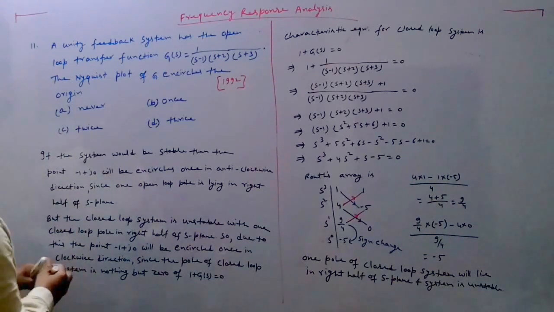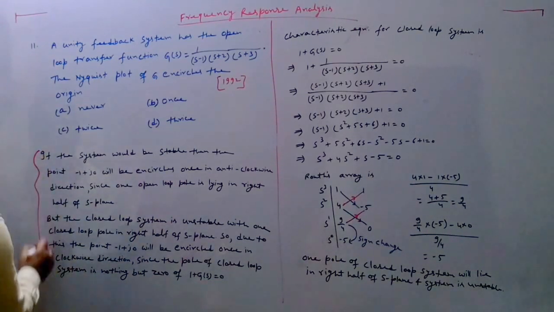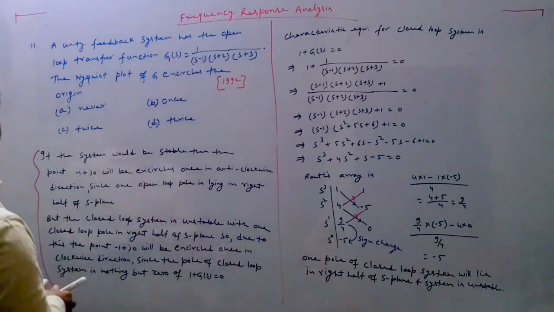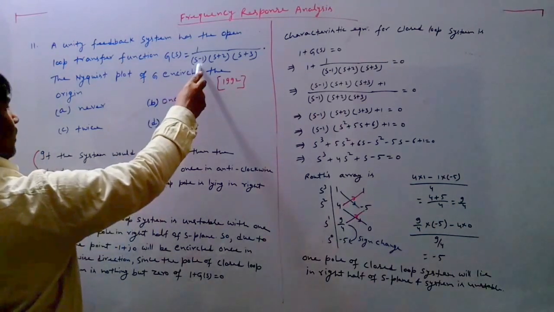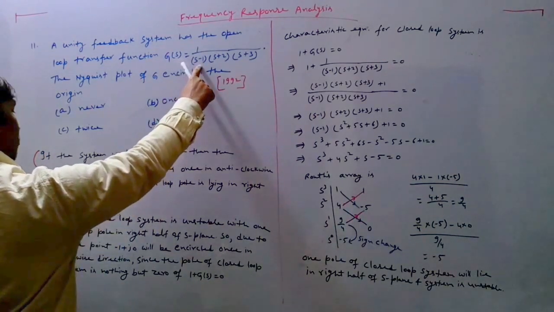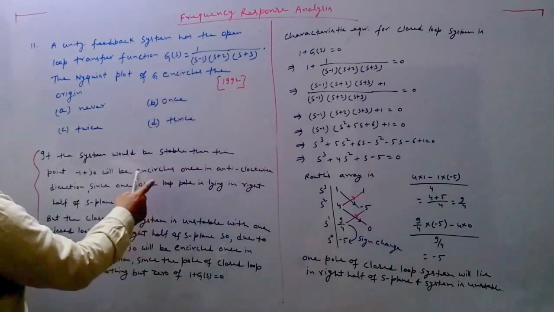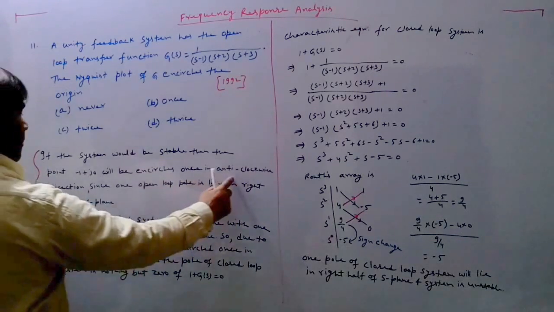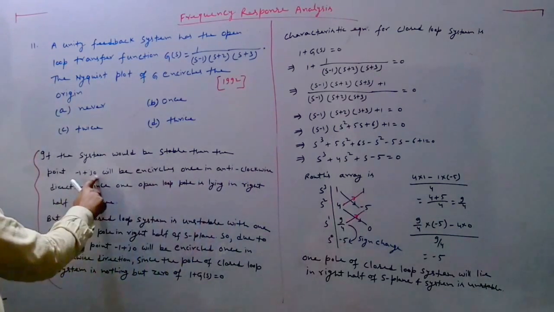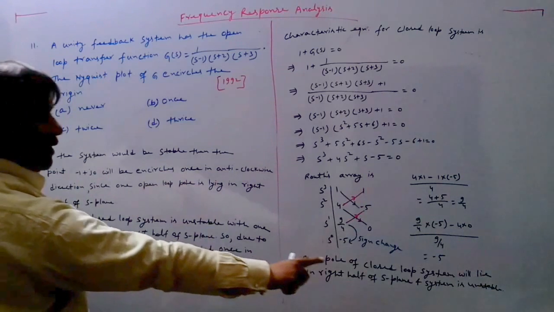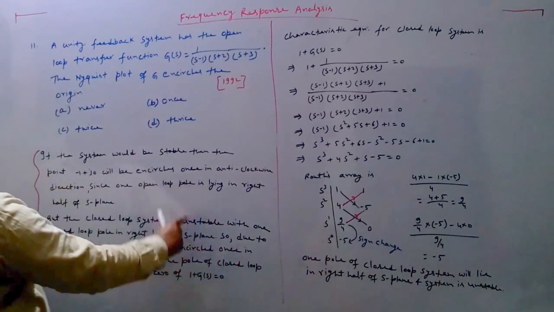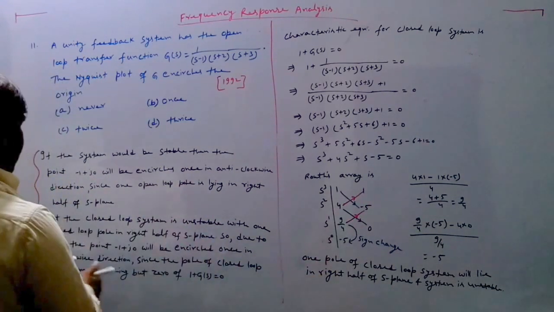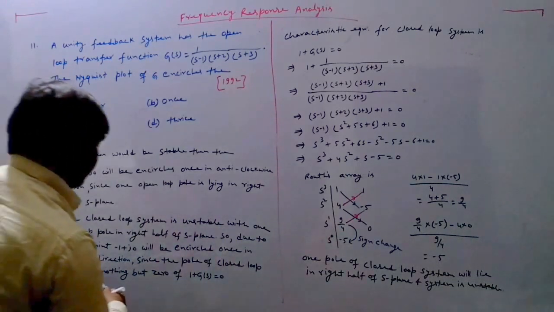So if we see these two criteria, this open loop pole is responsible for one anti-clockwise encirclement of point -1 plus j0. But since the system is unstable, it is responsible for one clockwise encirclement here.